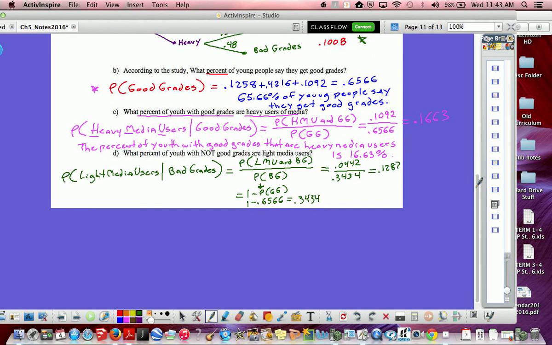So we could say the percent of youth with bad grades, given they are light media users, is 12.87%.